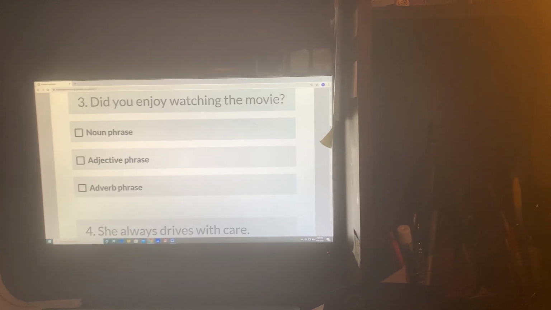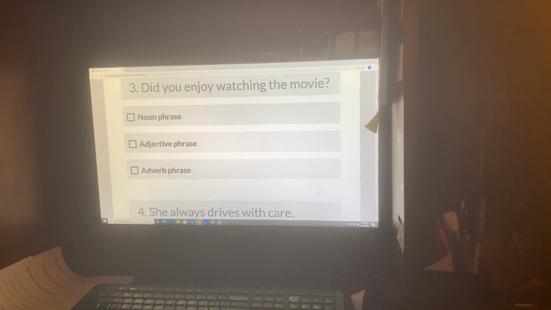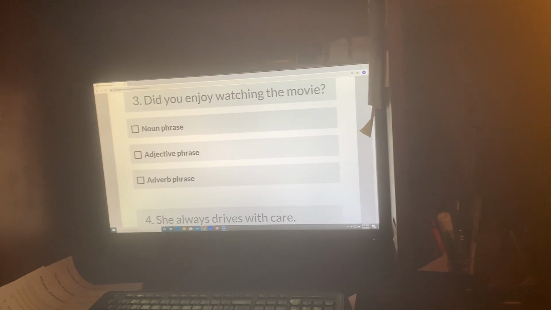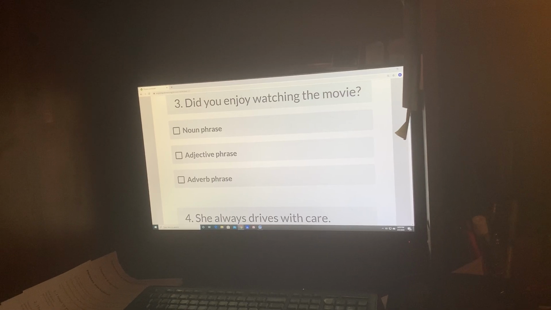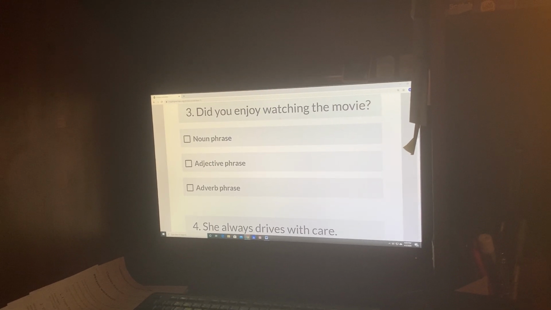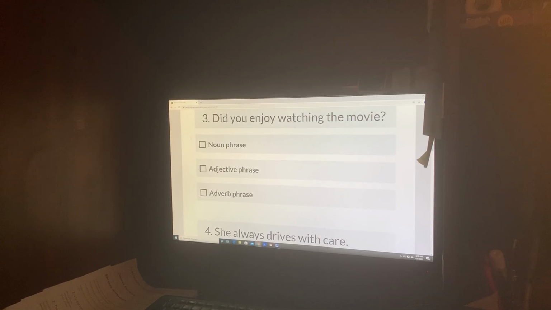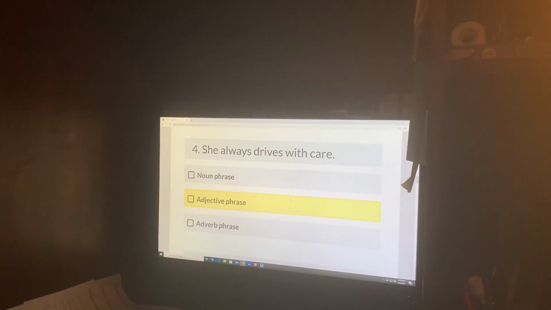You did enjoy what? A gerund phrase functioning as a direct object. So if it's a DO, it must be a noun phrase. And there we go. Next one, please.